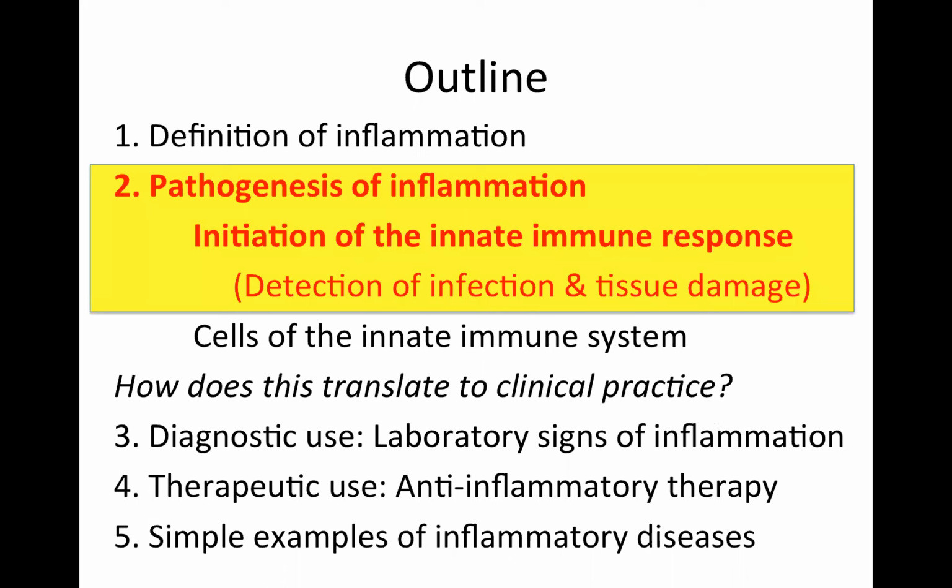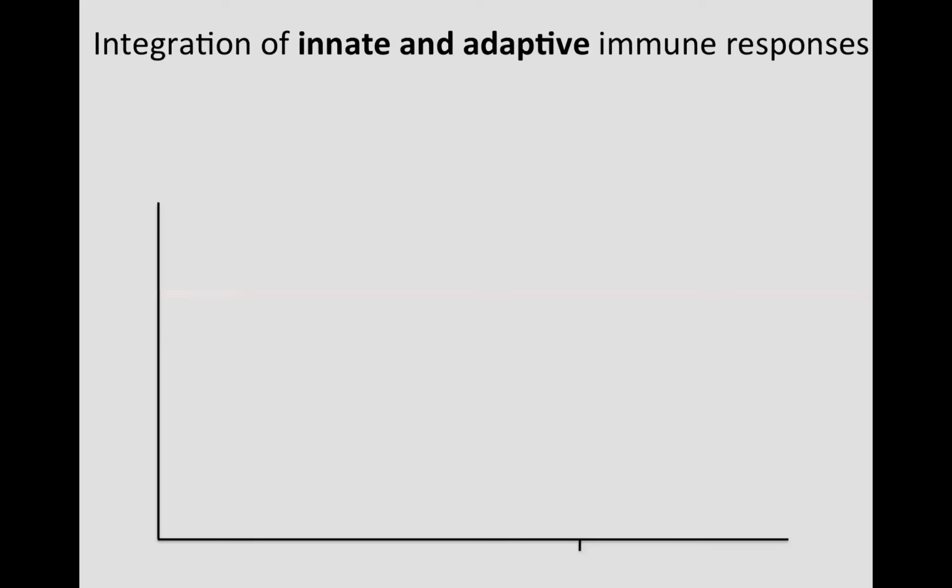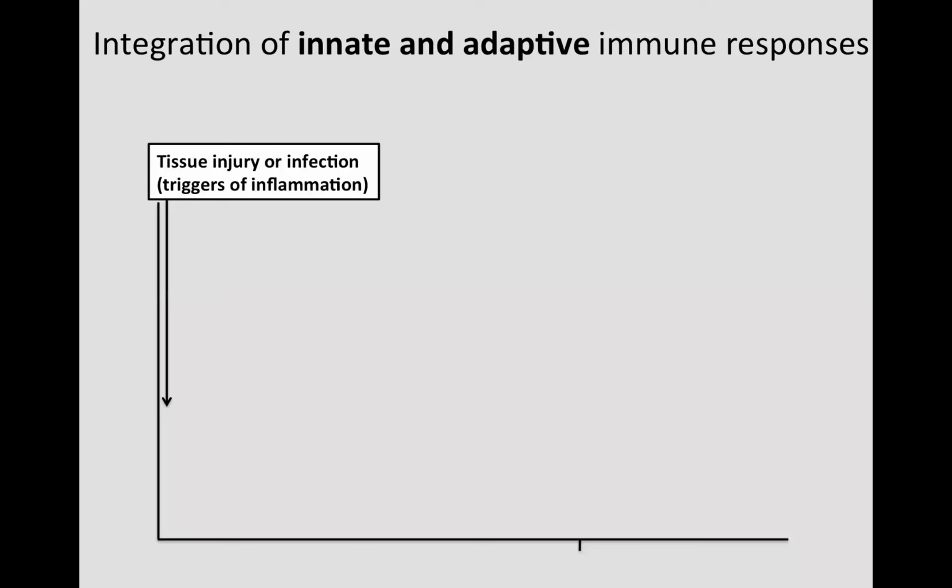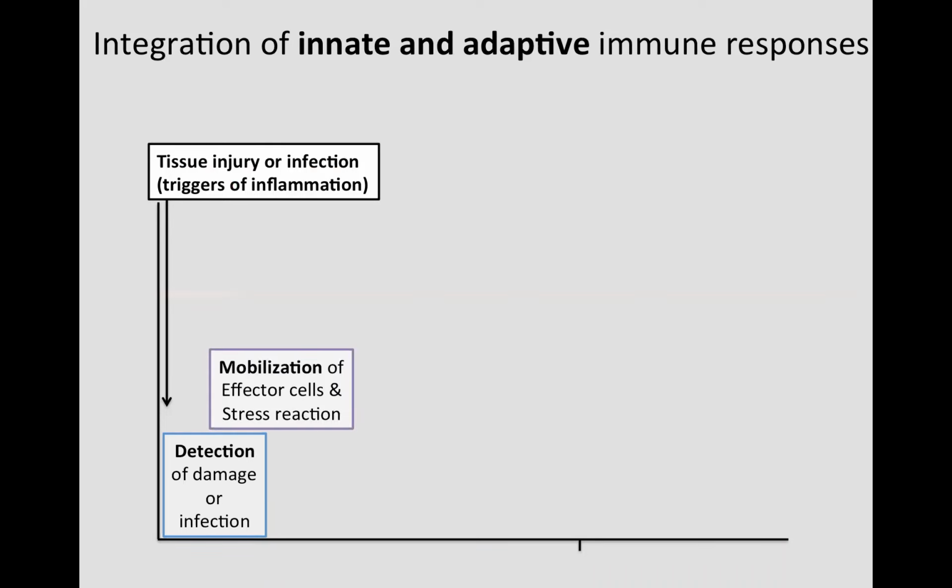So let's see how inflammation is triggered in our body. When there is a tissue injury or infection, it will be detected by our body by specific cells, and they will send a message to mobilize effector cells to the place, and then they will accumulate at the site of injury or infection.